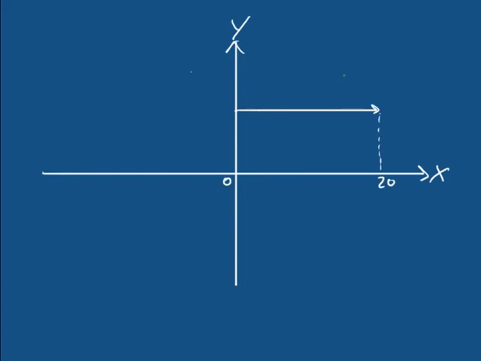That means we know the components of this vector. If we said this vector was a, we know the components of this vector are equal to 20 in x and 0 in y. How do we know this? Because it's travelling 20 units in x, and it's going nowhere in y. It's travelling 0 units in y. So this is a vector because it's a directed line segment, if you will.